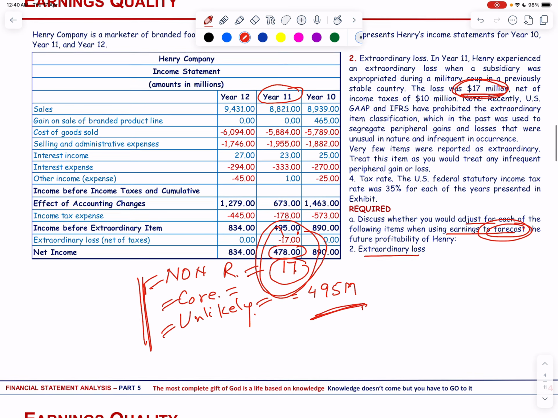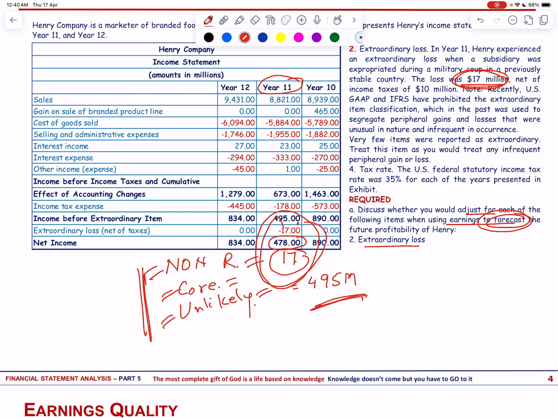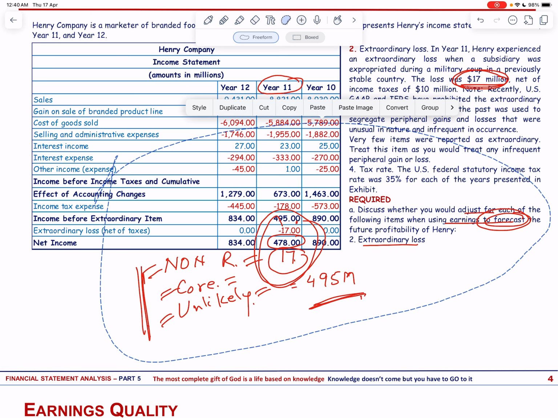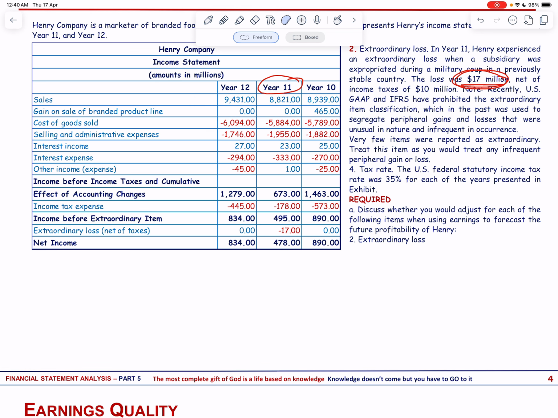So to summarize, what we have done so far is, for the year 2010, there is a gain on sale, and to adjust this we have subtracted 301.93 million, and the net effect is that the net income is going to go down.